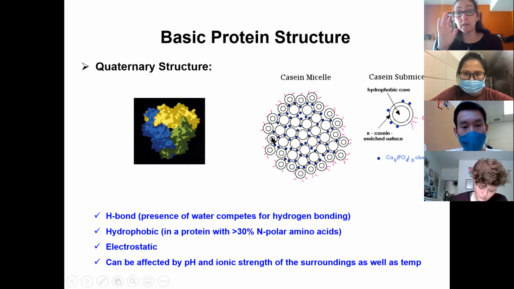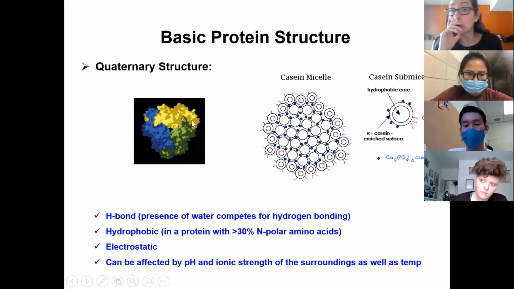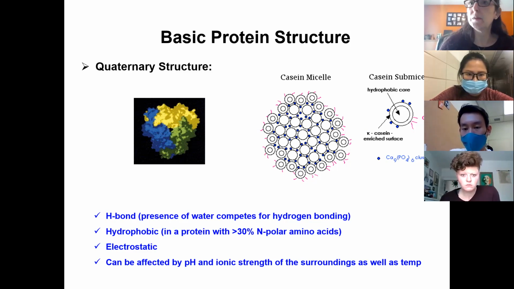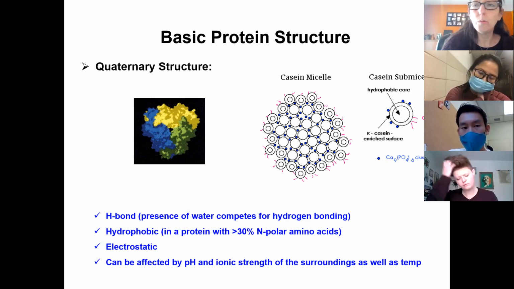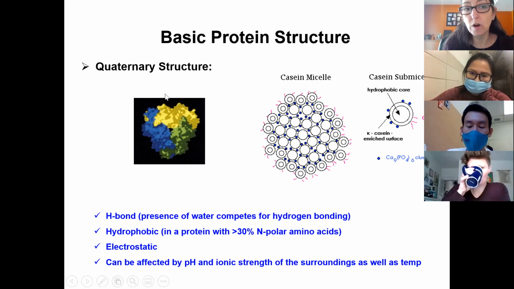Again, we'll talk a lot about dairy proteins later. This is a quaternary structure of a globular plant protein. This is specifically an illustration of a globular protein in soy that associates as a trimer.